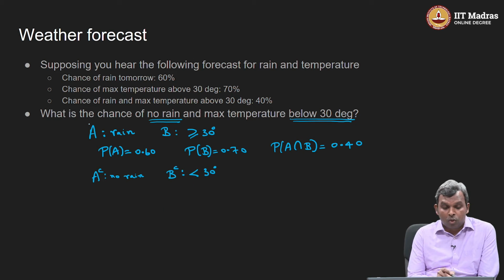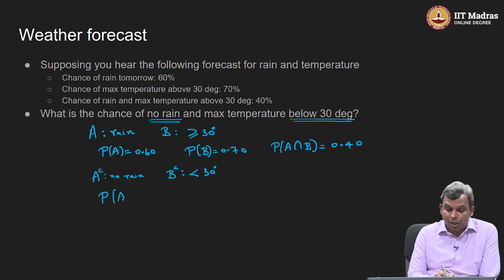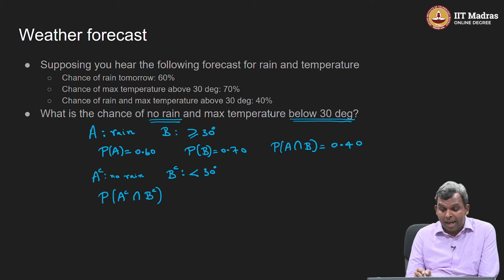So the question asks you to find probability of A complement intersect B complement. Probability that there is no rain, A complement should occur, and maximum temperature should be below 30 degrees, B complement should also occur.